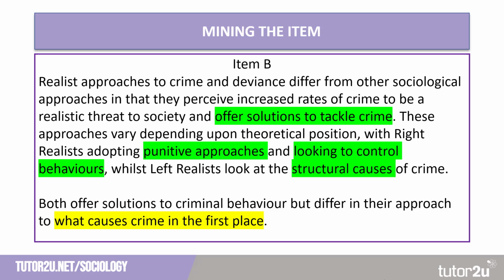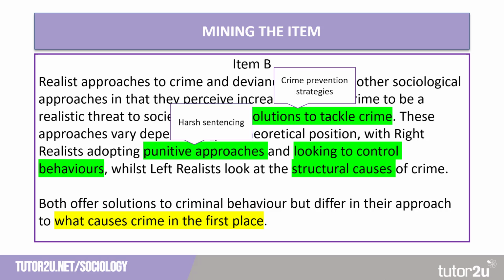And we can see here the first item hook that we've highlighted is offer solutions to tackle crime. So it's hinting at us that we need to talk about crime prevention strategies. Right realists adopt punitive approaches, where we can think about harsh sentencing, what is often referred to as penal populism, increasing sentences to act as a deterrent to others, linked into rational choice theory.